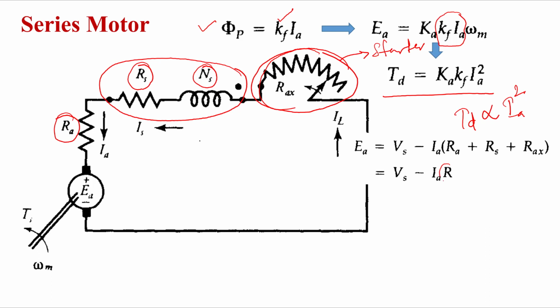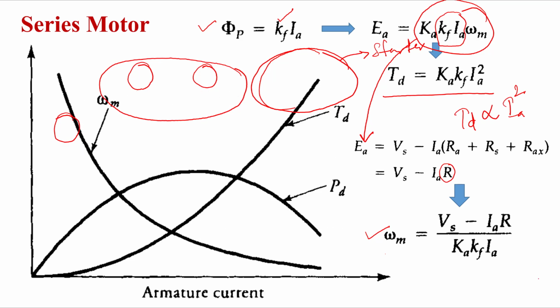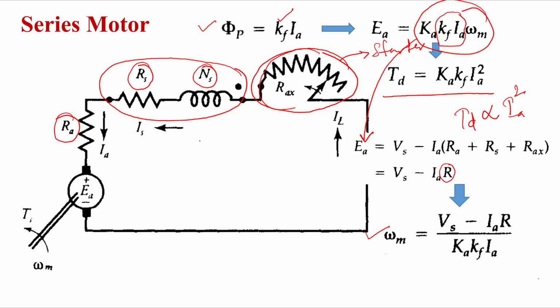So if I represent the net resistance as R, then I can write Vs minus Ia R, right? Then from this equation, omega m is equal to, because we know Ea equals omega m K Kf Ia, by substituting this for Ea and segregating omega m, I find Vs minus Ia R over K Kf Ia, right? So now this is the equation for the speed.